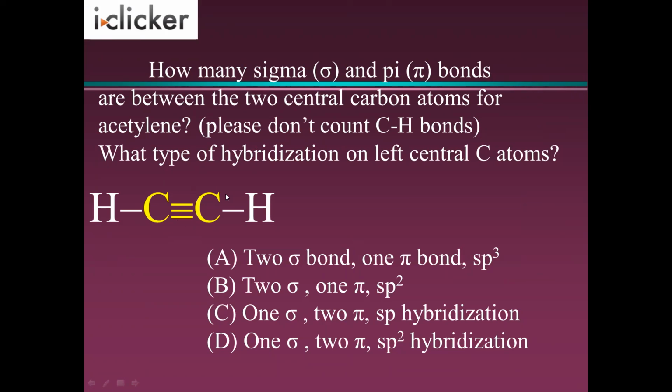As long as you have multiple bonds, always one is a sigma bond. All others are pi bonds. That means one sigma bond and two pi bonds here. C is correct: one sigma bond, two pi bonds, and it's sp hybridization.